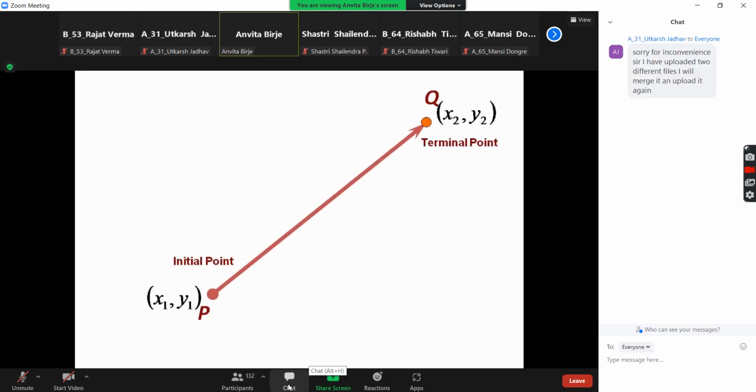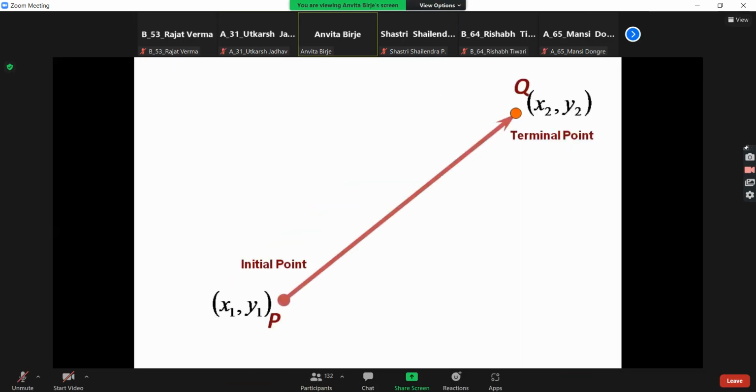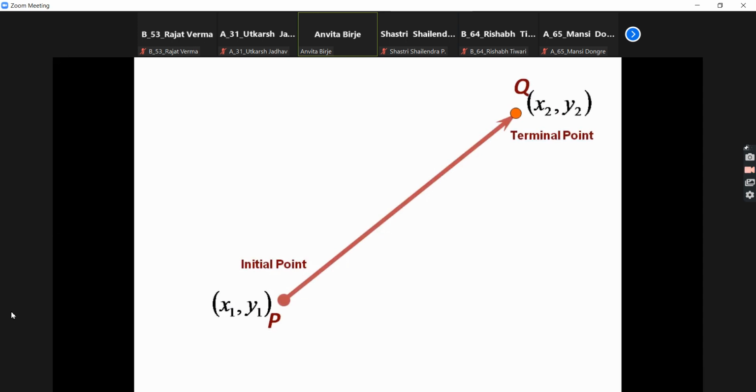In rectangular coordinate system, we represent any point by x, y, and z. Okay. So right now we are just considering the two-dimensional rectangular system. So there are these 2 points P and Q, which have coordinates x1, y1 and x2, y2.